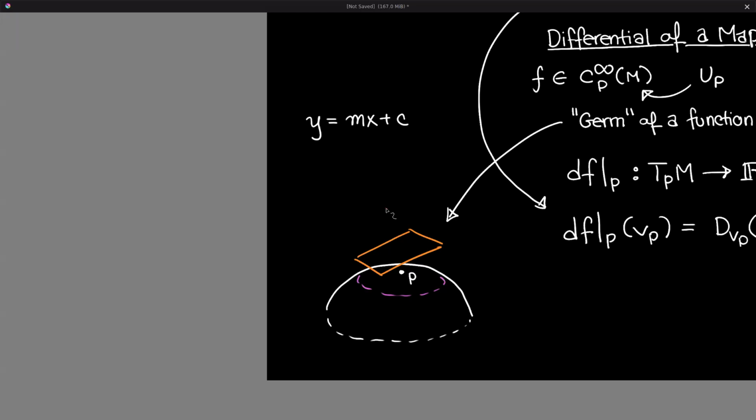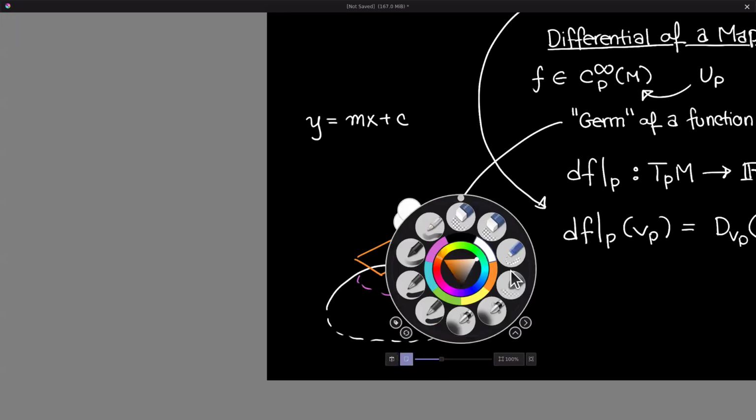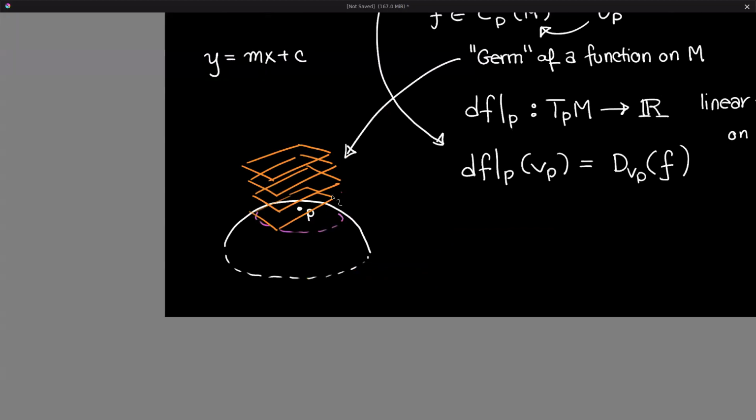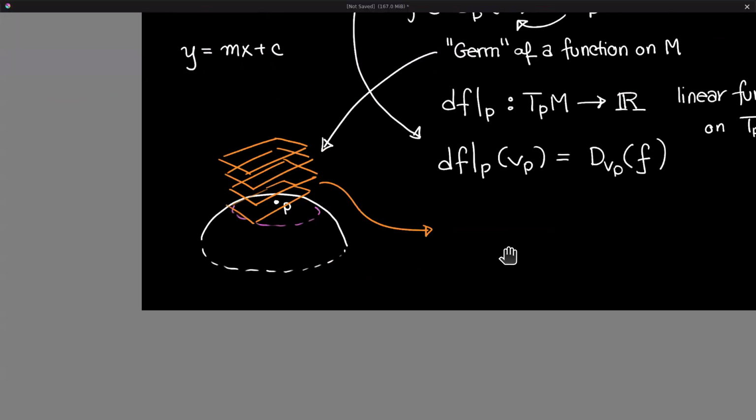So we can only add a constant amount. So we get this stack of planes, one plane for every value of c. And we're saying all of these germs are the same for us. For our purposes, these are the same object, or these give us equivalent information. So these result in the same covector.